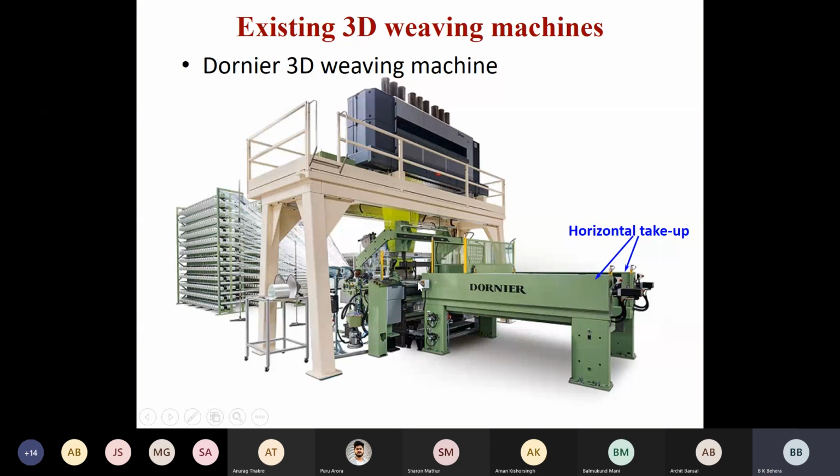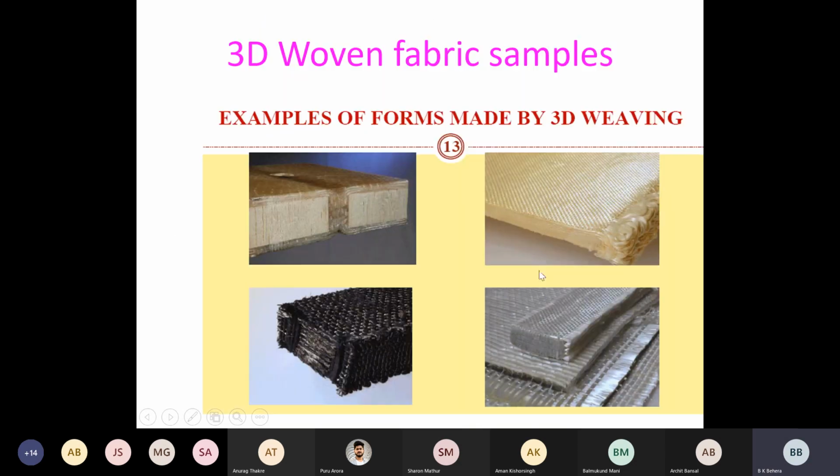So fabric after weaving comes straight from the front rest in this direction. And after weaving a required length, 2 meter, 3 meter, 4 meter, we just cut the fabric, because we don't need a 20 meter length of this kind of thing. Nowhere do we need 20 meter length, only 2 meter, 3 meter, 4 meter, because it will ultimately go to make a composite material.